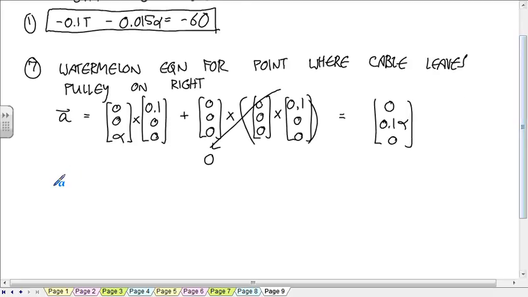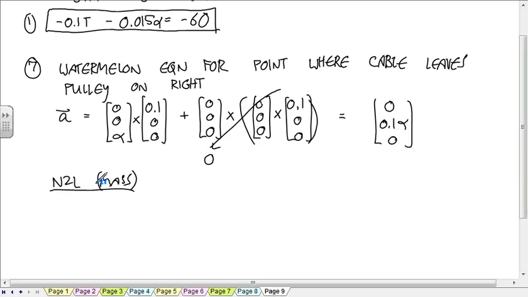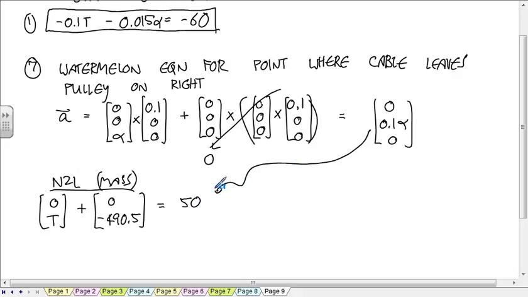Okay. So now go to Newton's second law for the mass. Here's the free body diagram. So we have 0, T plus 0, negative 490.5 is equal to the mass, 50, times the acceleration vector, which is the same as this one. So 0.1 alpha.